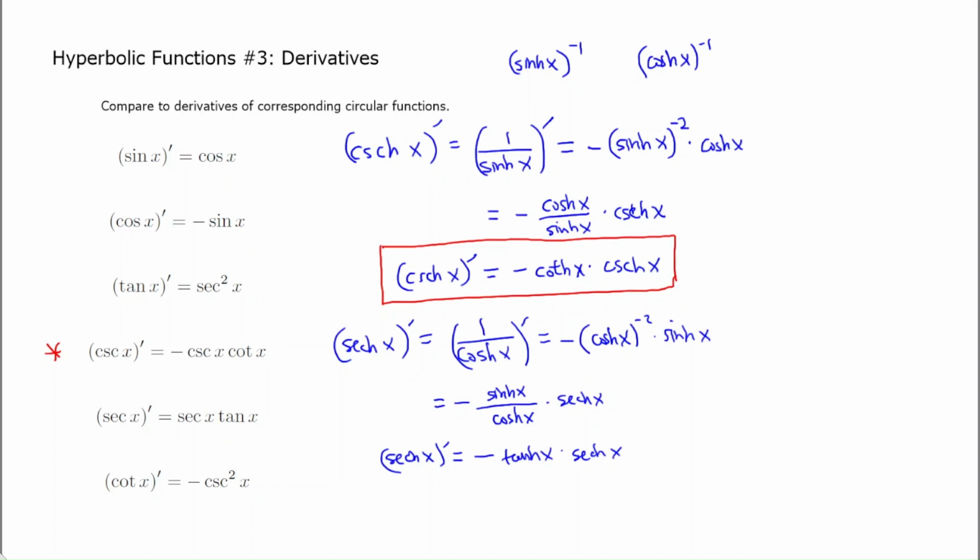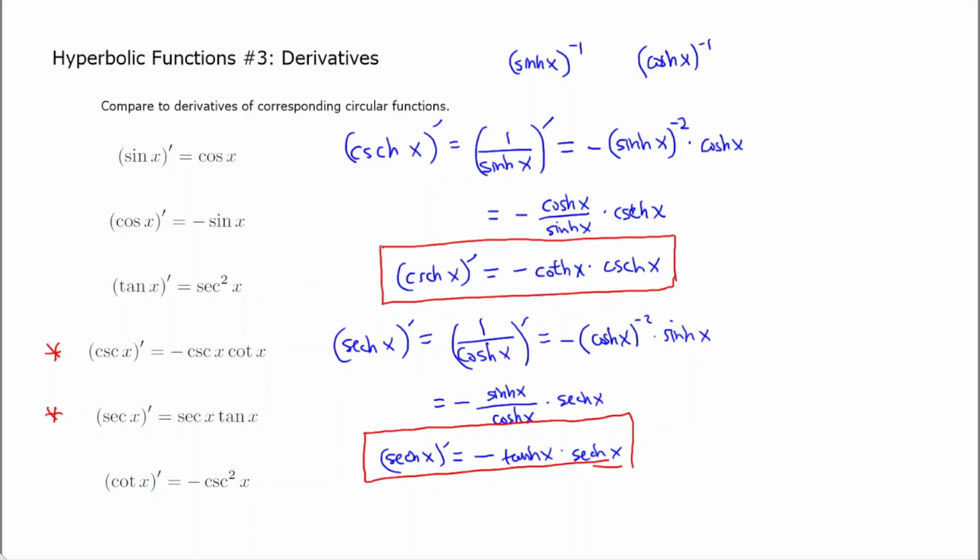That should look pretty familiar to the trig version, very similar, except here we actually end up getting a minus sign where we did not in the trigonometric version. So once again, things are playing out almost exactly the same as in the circular trigonometry case. Sometimes you have a negative sign, sometimes you don't. It's details. You just have to remember the details or work through them.